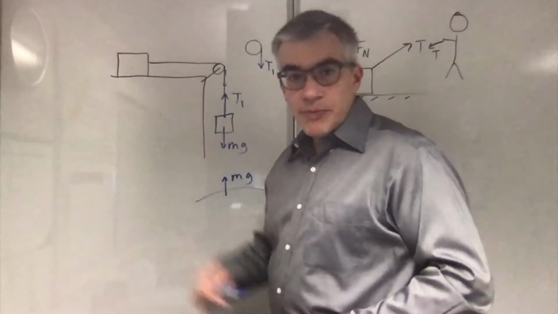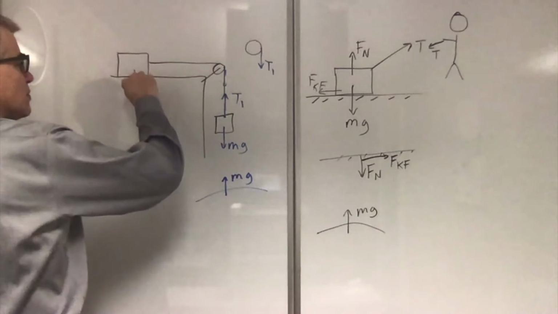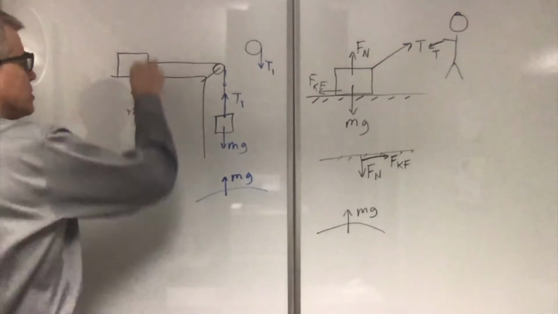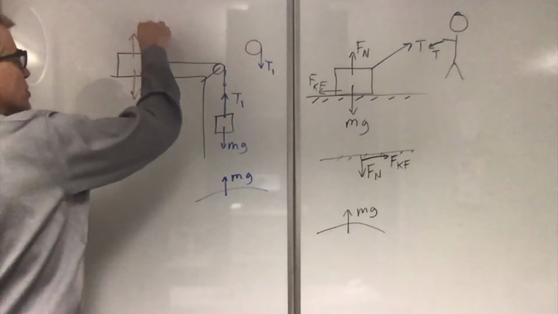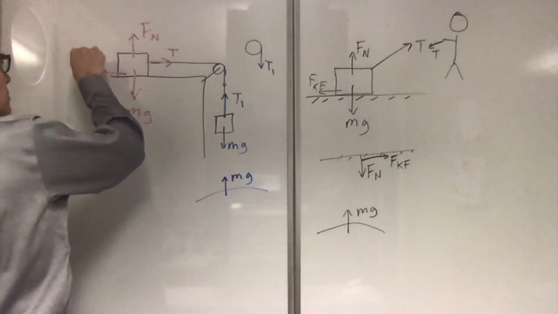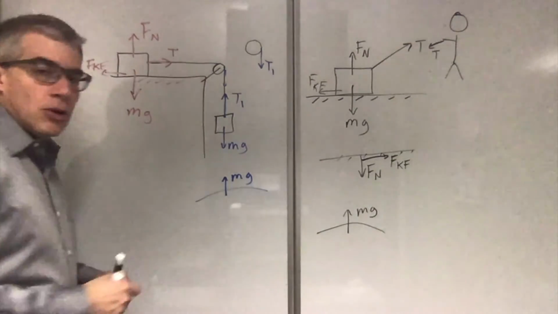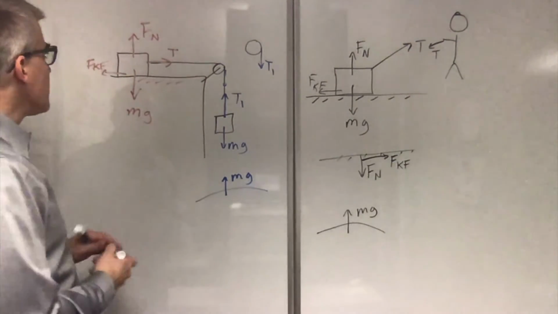All right, what about this one? The forces on this one, we have mg downward, we've got normal force upward, we've got tension to the right, and we've got force of kinetic friction to the left, assuming the surface is rough. Where are the third law reactions?